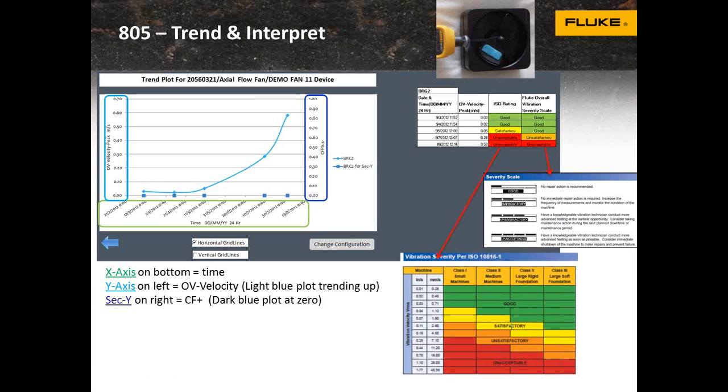So it's not very specific to your particular type of machine, but it's a general industry standard. Over on the right of that, you'll see the Fluke overall severity scale based on the 37 machine categories, much more specific, and notice that it trends from good to unsatisfactory to unacceptable as our overall vibration increases.